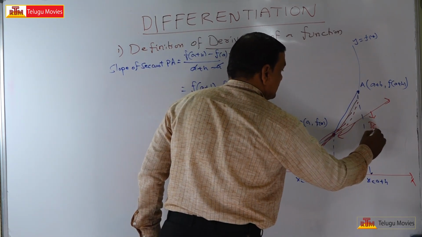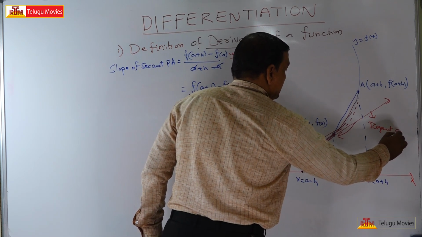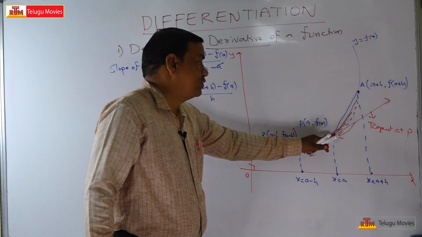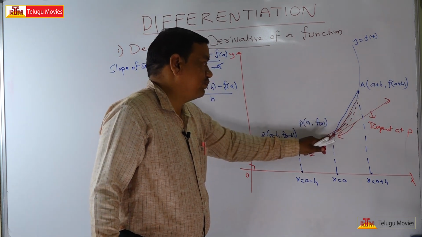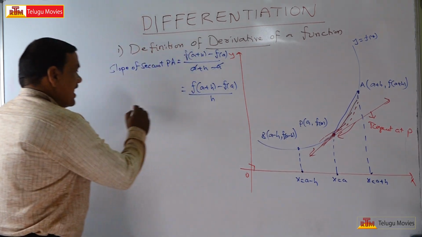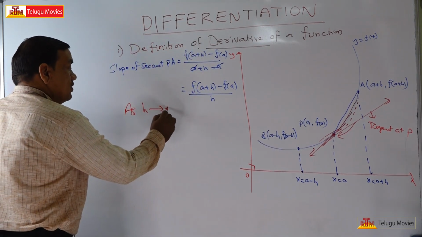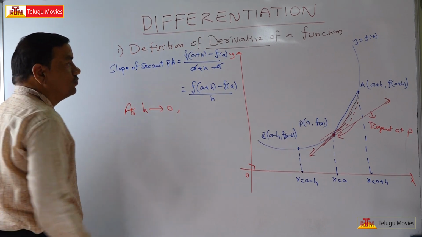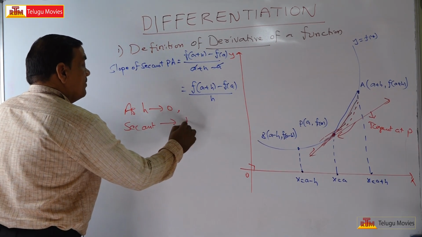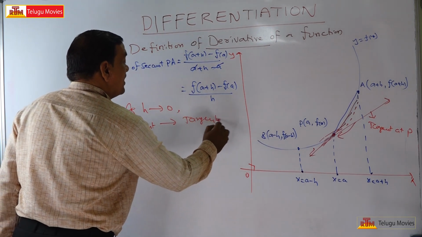It is a tangent at p. As a approaches p, at p this secant will become a tangent. That means as h approaches 0, the secant approaches the tangent at p.